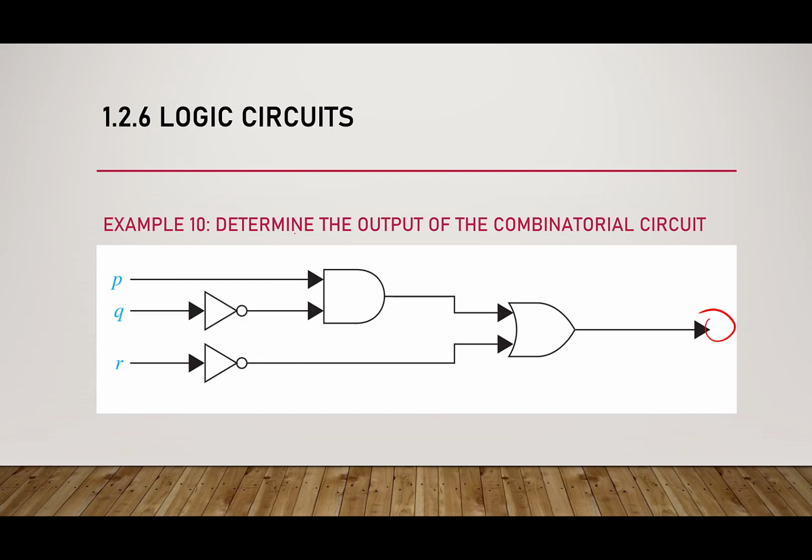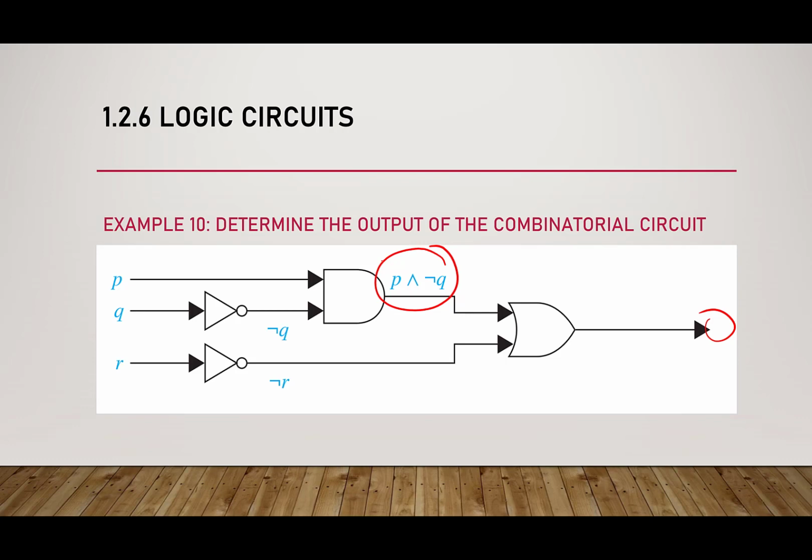So let's just look at how this goes one piece at a time. The bottom here, R becomes not R once it makes it through that inverter, right? Then after that, we have not Q coming out of this inverter, okay? And then at the top there, we have P coming in, and it comes out as P and not Q because those are the two inputs.